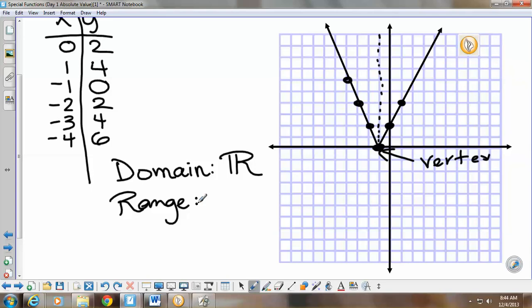How do I show everything is bigger than 0? y is greater than or equal to 0. The y column of our XY chart is our output column. So our output numbers are greater than or equal to 0. You can look at your graph and see that the smallest y value is at 0.